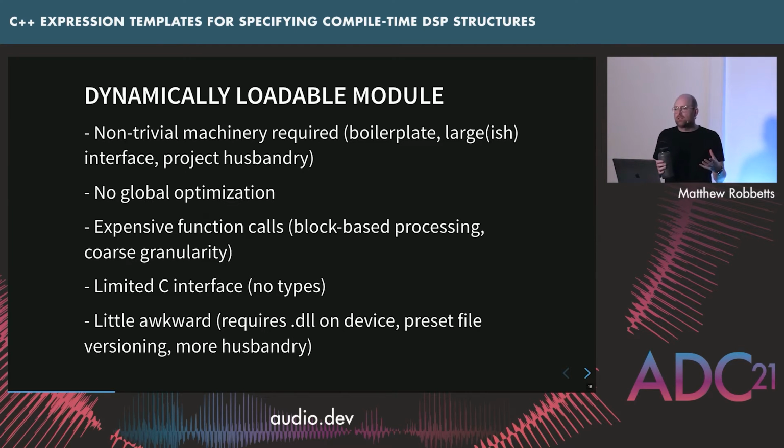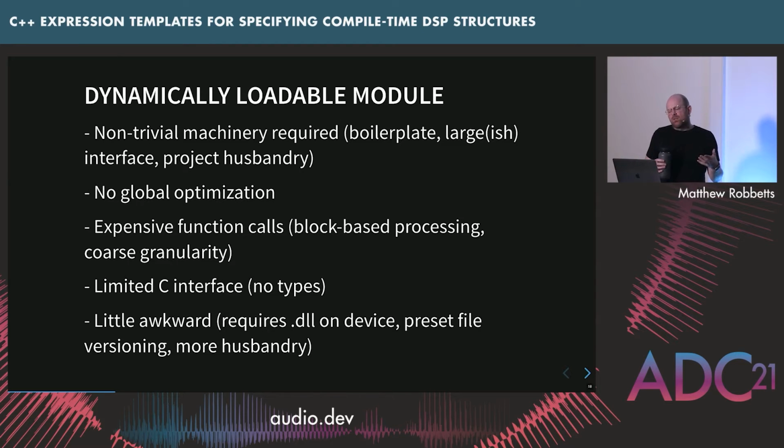And if you want a finely granular system that you can compose together, plugins are kind of not best suited for that. The interface to a binary module is this quite limited C interface, right? Because that's just how they work. So you can't do anything interesting with types. All you can pass across the boundary is PODs and pointers, more or less.